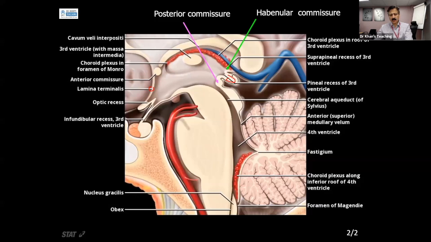Now, concentrate on the pineal gland. Superior to the pineal is another commissure, which is the habenular commissure. So, inferior to the pineal is the posterior commissure. Habenular commissure is superior to that.